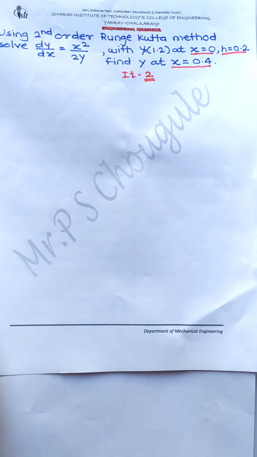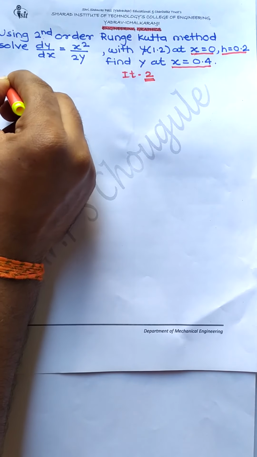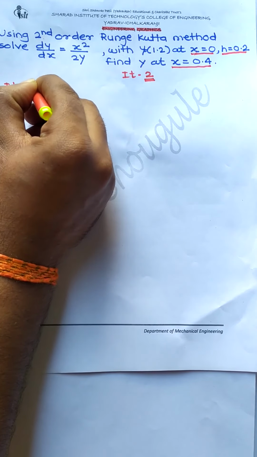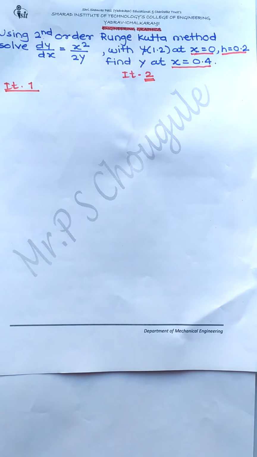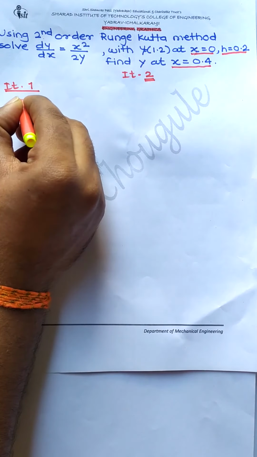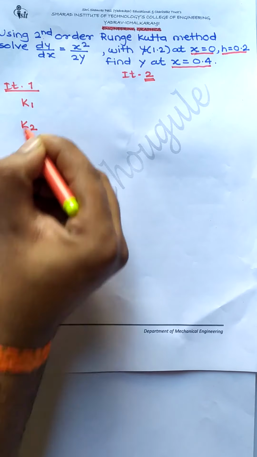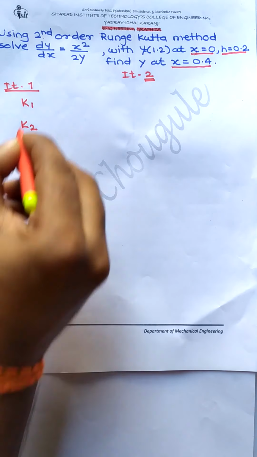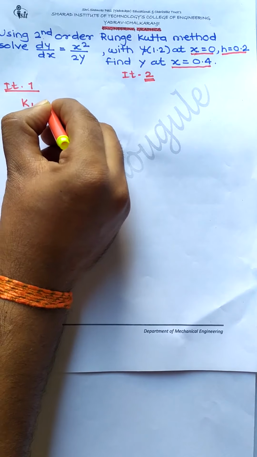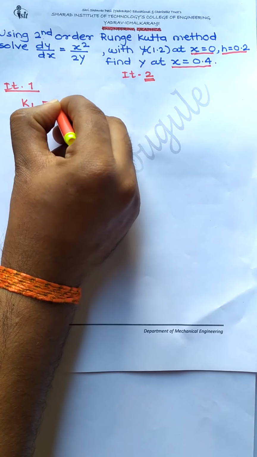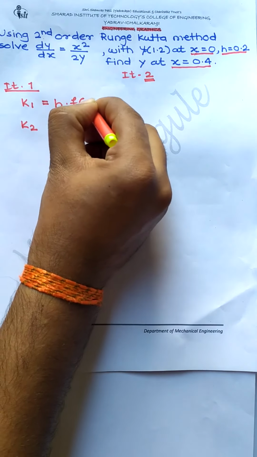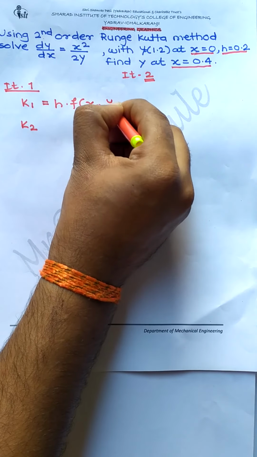So let's start with the first iteration. Iteration number 1. For that, I need the weightage values k1 and k2. To find the value of k1, the formula is h into f of x0, y0.